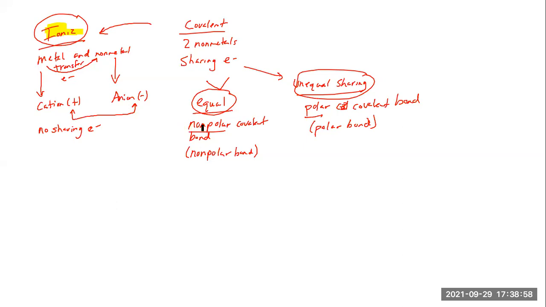On the other end of the extreme, we have a nonpolar bond, where we have nice equal sharing of those electrons. In the middle, we have a polar bond, which is not equal sharing of electrons, but not so unequal that the electrons actually transfer. So it is an intermediate, if you will, in terms of the bonding.